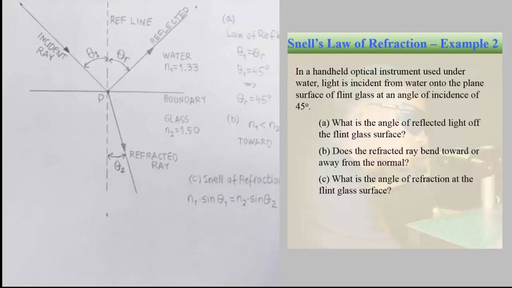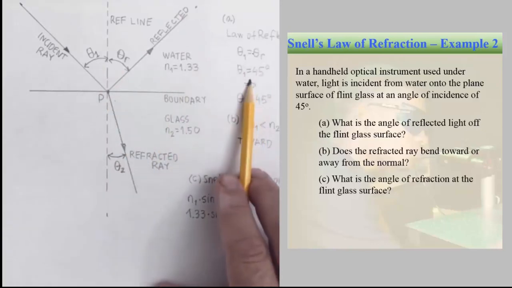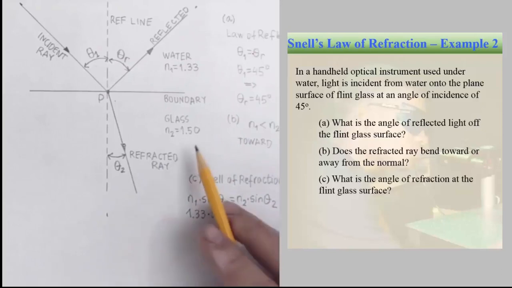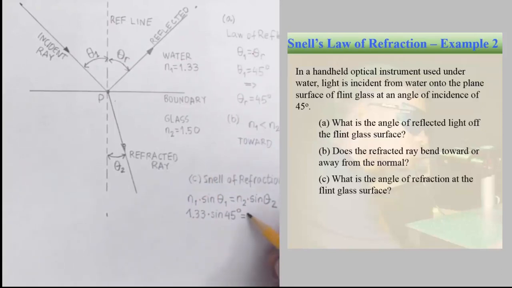So what we're going to do here is substitute the known values. For n1, we know that it's equal to 1.33. So 1.33 times the sine of the incident angle θ1. That's also known. θ1 is equal to 45 degrees. So sine of 45 degrees has to be equal to n2, which is equal to 1.5, times the sine of the angle θ2.